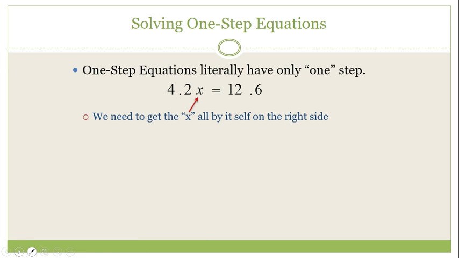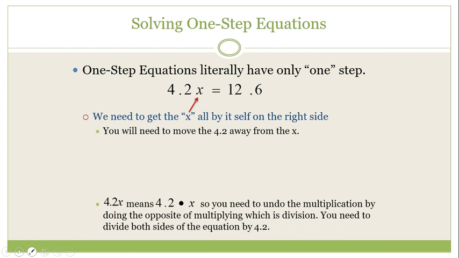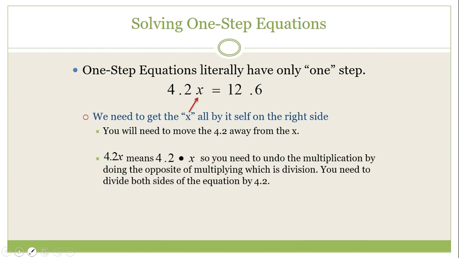So there's the variable. So what we need to do is move that 4.2 away from the x. If we want to isolate x, that means get it all by itself, we need to get that 4.2 away from it. Remember, 4.2x does mean 4.2 times x, times some number.